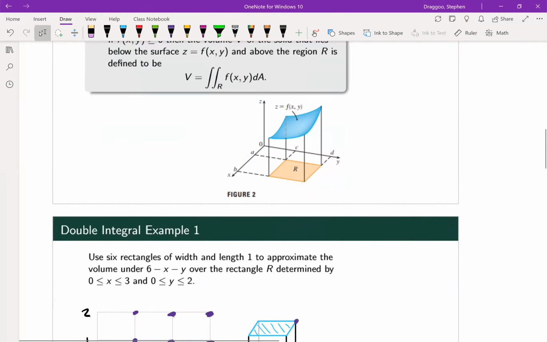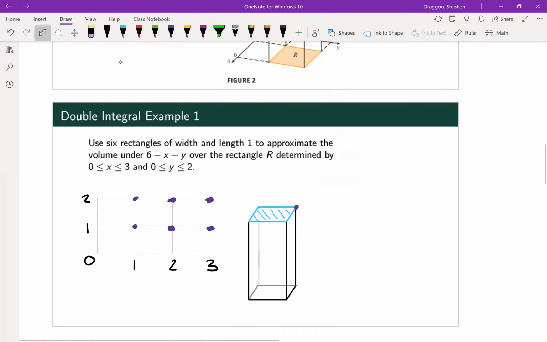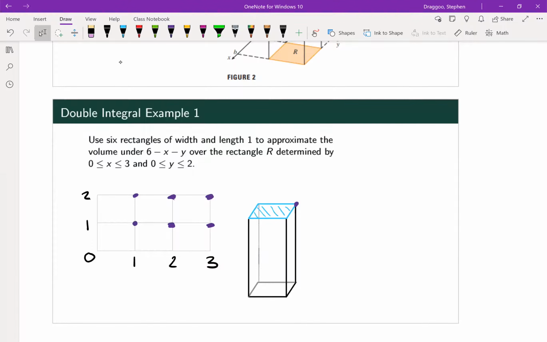But if we attempt to approximate that volume using something similar to a Riemann sum, say, for example, we'll use 6 rectangles of width and length of 1 to approximate the volume under the plane 6 minus x minus y over the rectangle R, determined by x being between 0 and 3 and y being between 0 and 2.